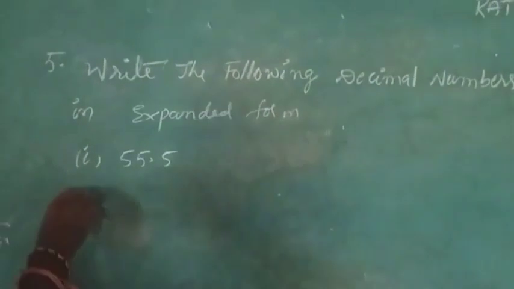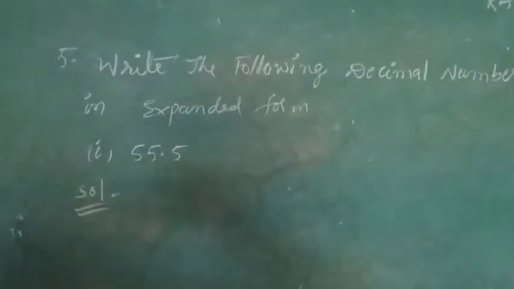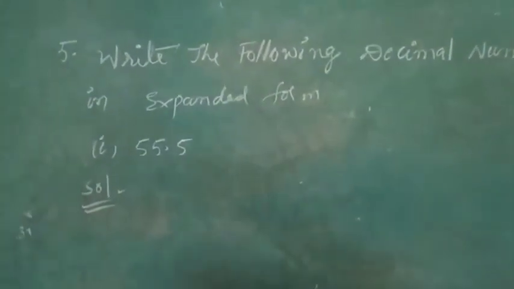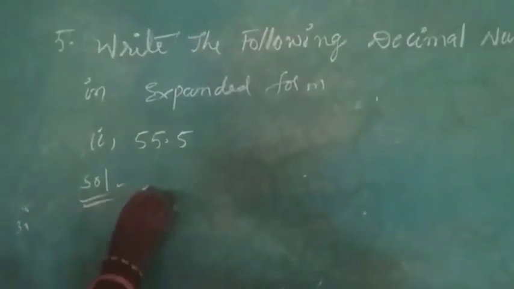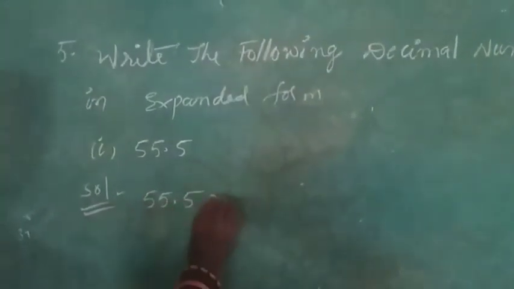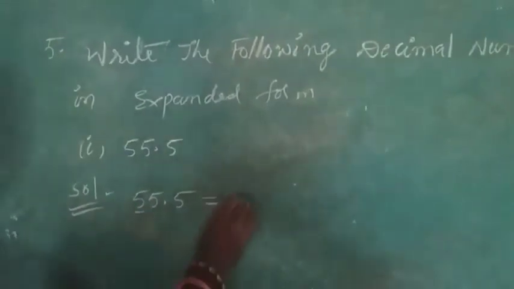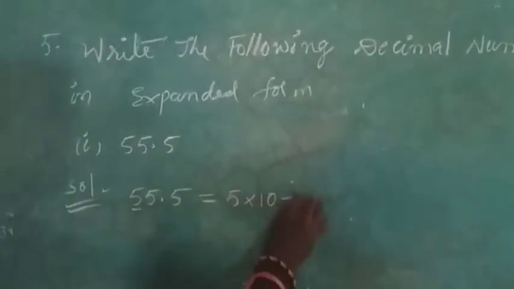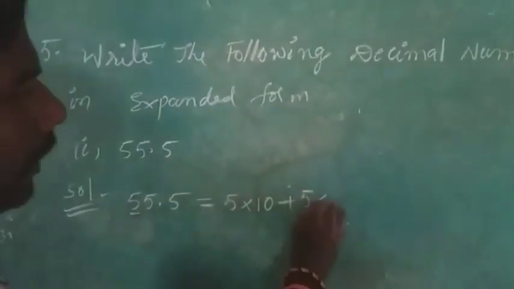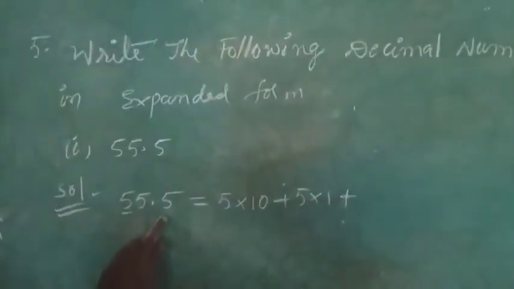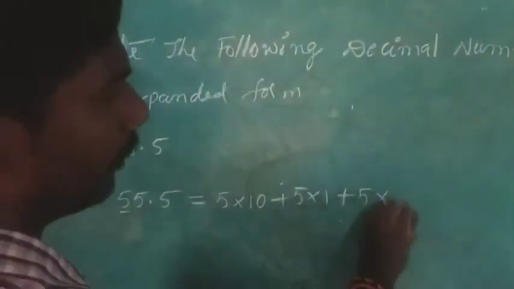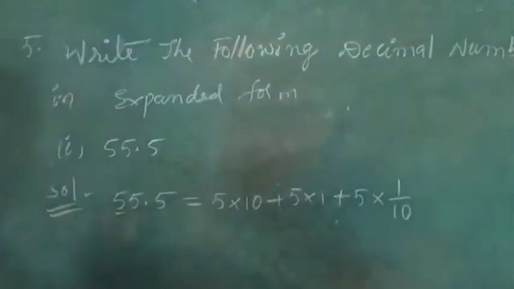In expanded form we need to write clearly. See, 55.5. You are all grown up children, right? So this first 5 is in tens place. 5 into 10 plus 5 into 1 plus this is tenths place, so 5 into 1/10.